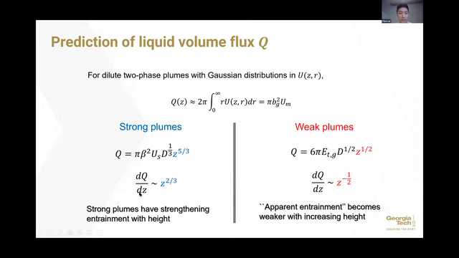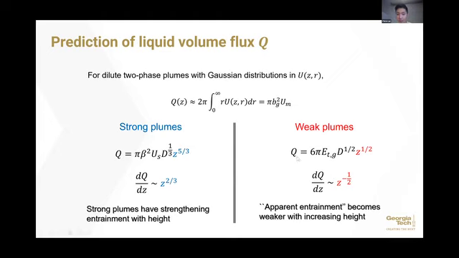If you take a derivative of that, dQ/dz is the incremental entrainment, and you will see that it is proportional to Z^2/3. What that means is that for the classical strong plume, the entrainment is getting stronger as it travels up the water column. But this behavior is completely different for the weak plumes.